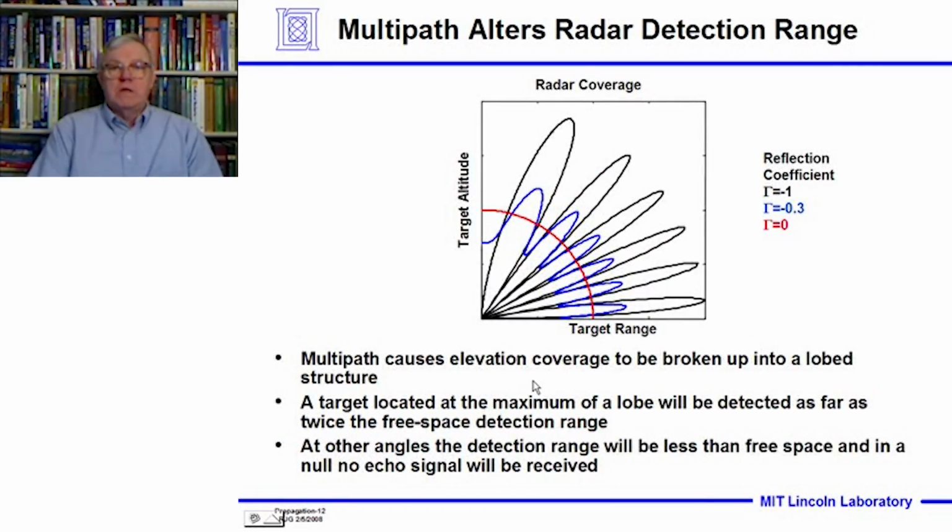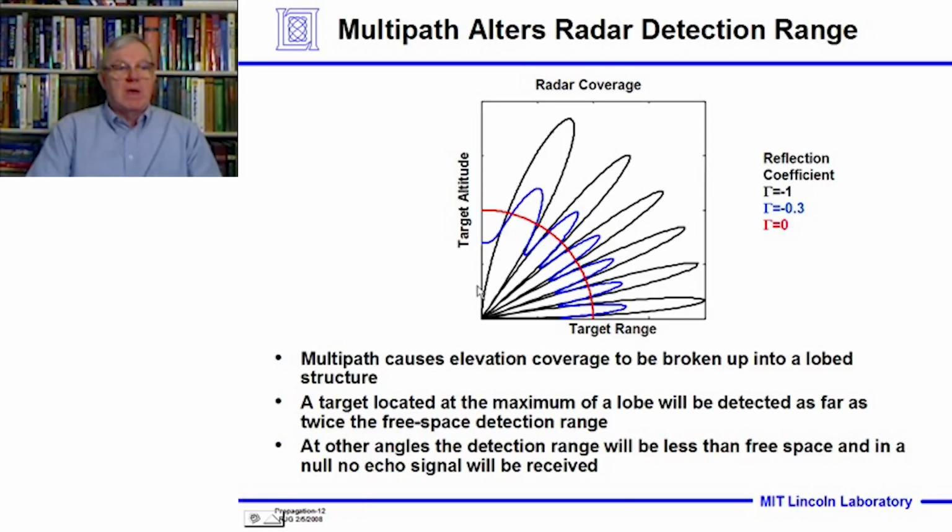Okay. Now what's going to happen is that there's going to be a set of times when the two paths, the direct path and the multipath, will interfere constructively and destructively. And as you look at the angle of the multipath beam as it goes down, you'll go through the minima and maxima.